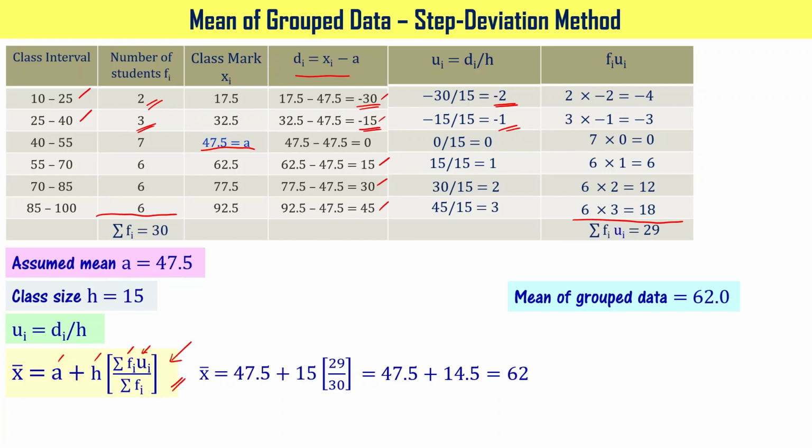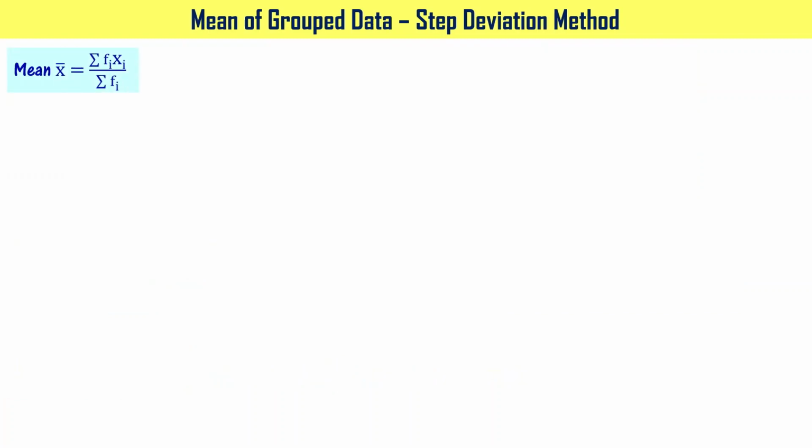The reason is that whatever formula we have written is exactly equal to x bar equal to sigma fi xi divided by sigma fi. Let's understand that now. We know the mean x bar can be written as sigma fi xi divided by sigma fi, right?